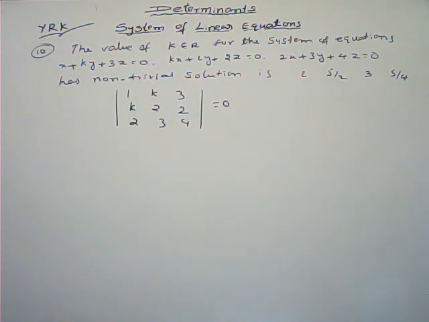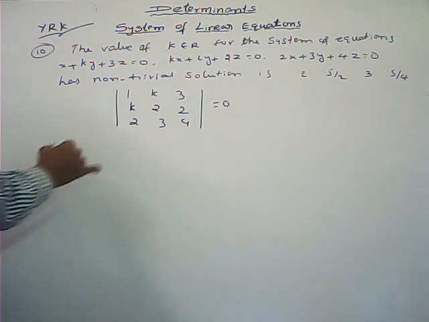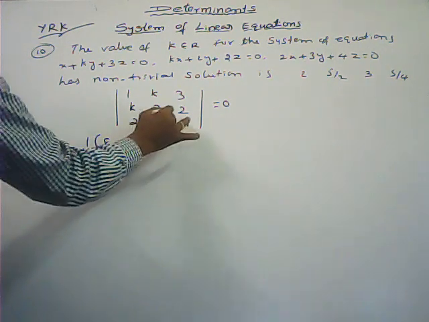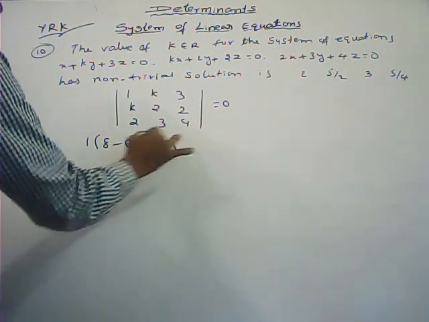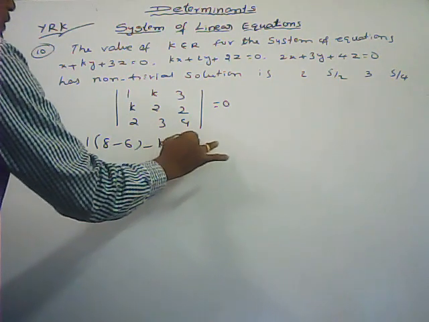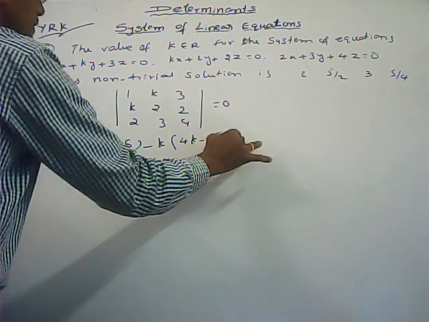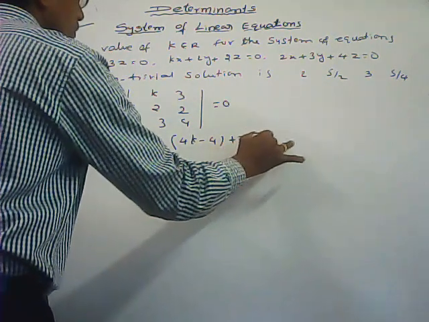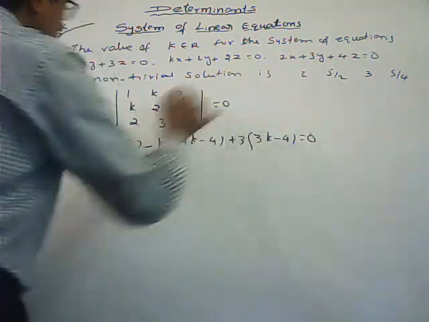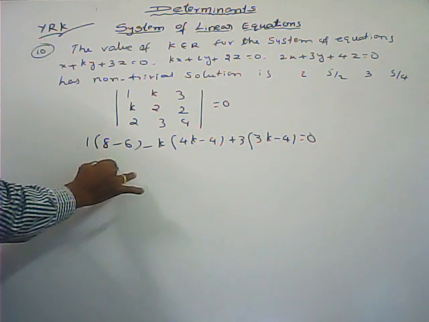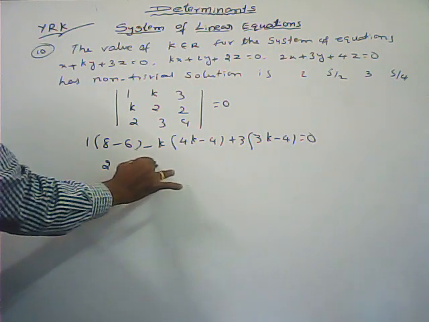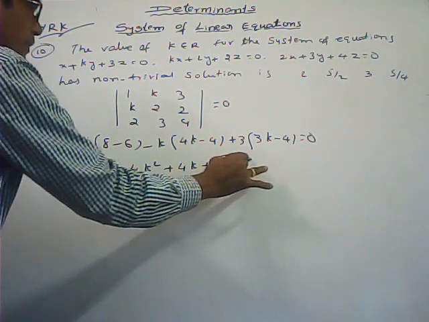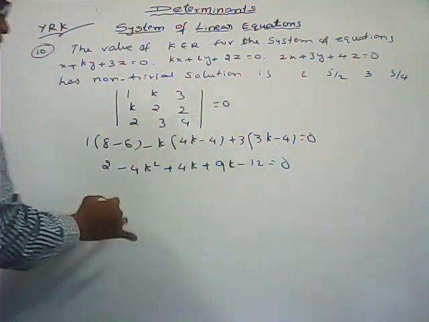Now this one you can expand. 1 into (8 minus 6) minus k into (4k minus 4) plus 3 into (3k minus 4), that is equal to 0. Here this is 2 minus 4k square plus 4k plus 9k minus 12, that is equal to 0.